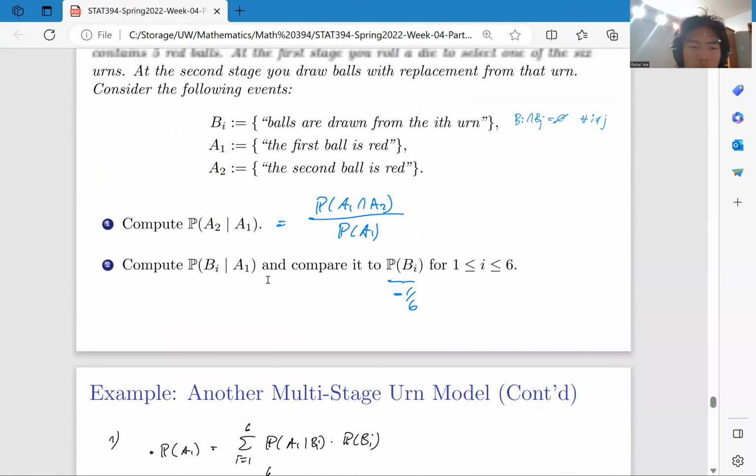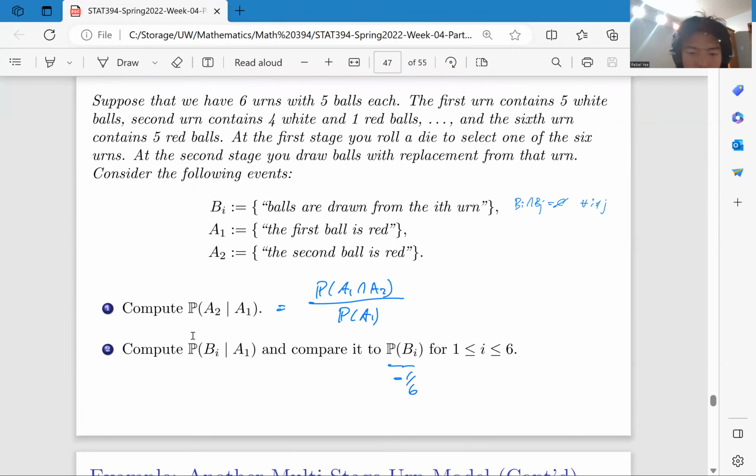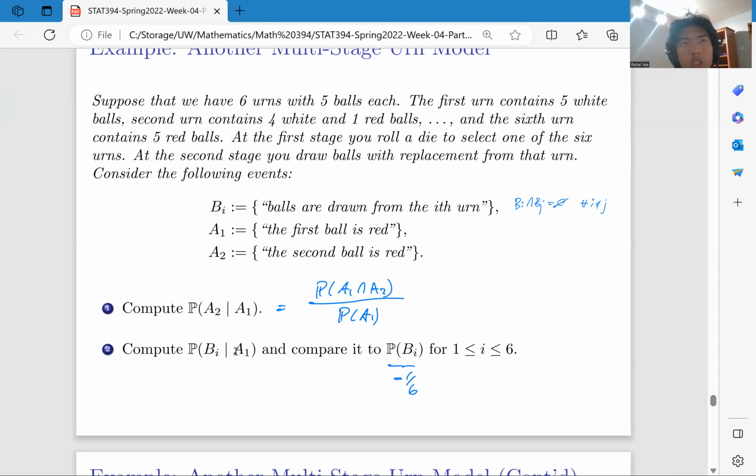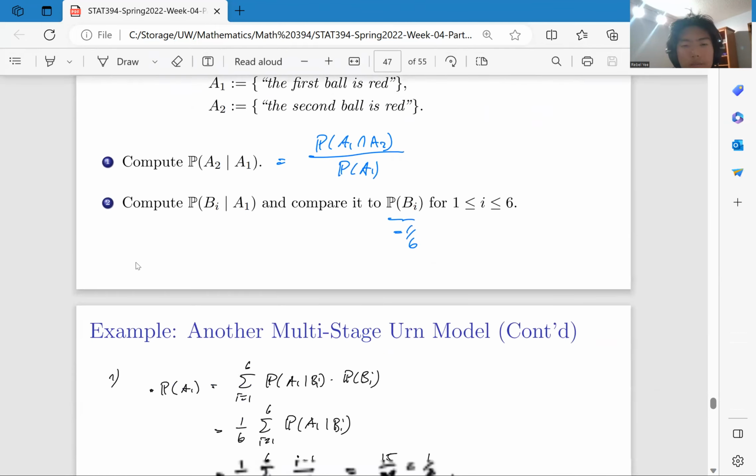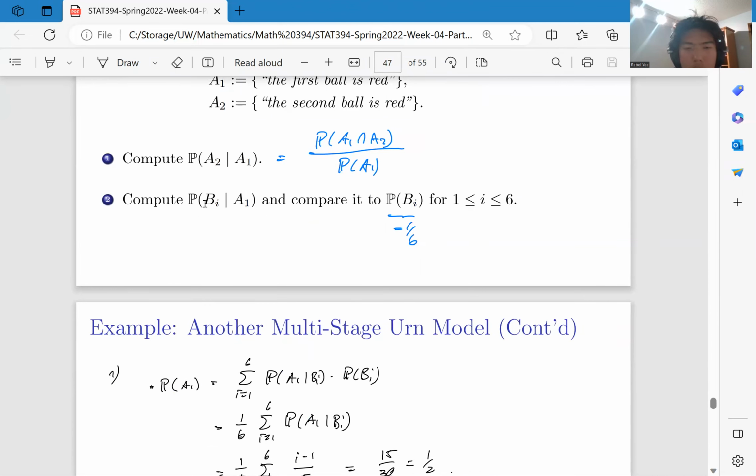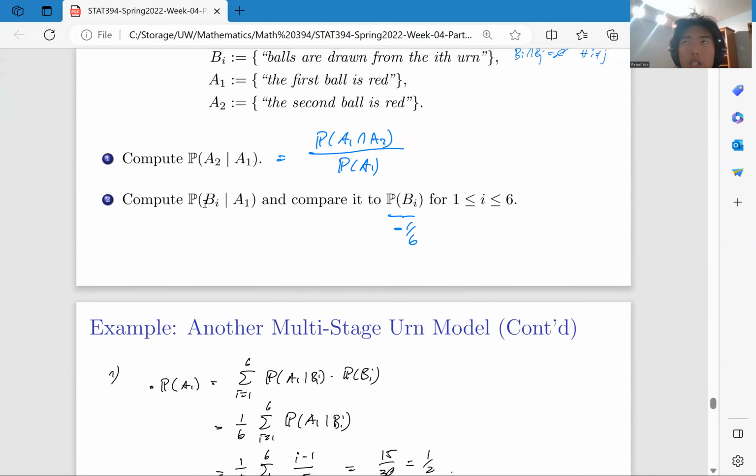And for the second question, we're asking to compute P(B_i given A1). This asks: the first ball you draw is a red ball, so what is the probability that we are choosing from urn 1, urn 2, urn 3, and so on? What is the urn we are choosing from? Obviously, this examines your knowledge of Bayes' rule, because we don't know P(B_i given A1), but we know P(A1 given B_i).